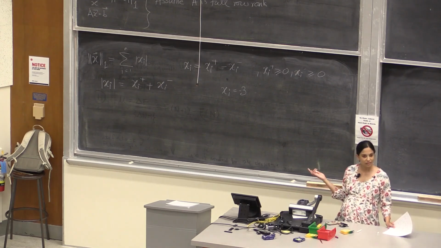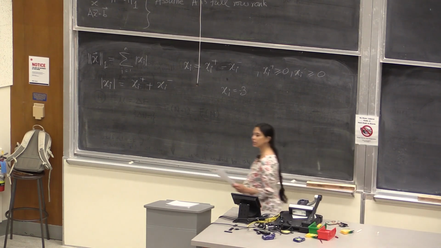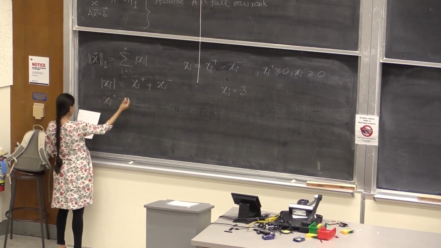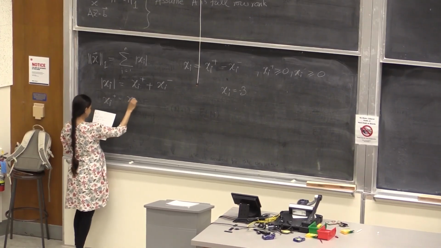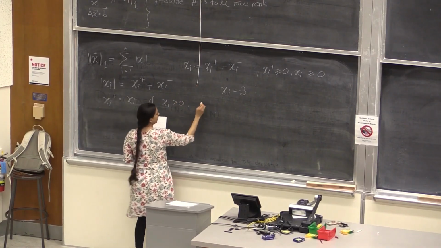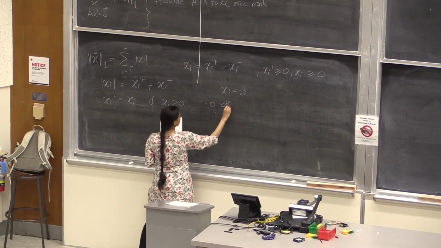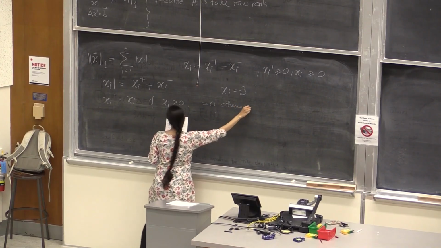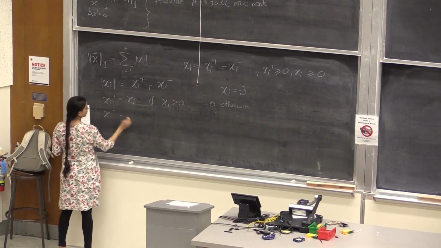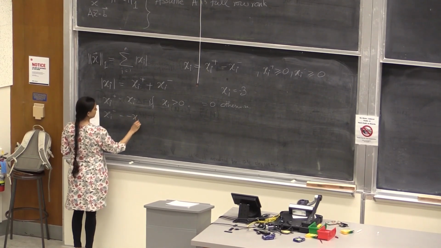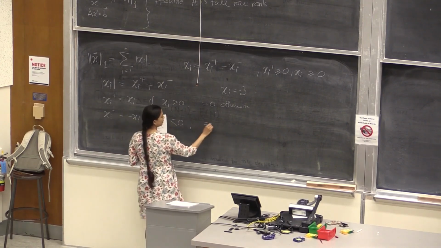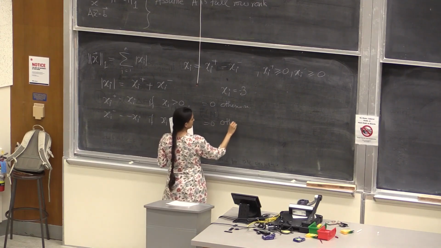So it turns out that we can actually pretty easily satisfy this condition. I have xi plus equal to xi if xi is greater than 0 and equal to 0 otherwise, and xi minus is equal to minus xi if xi is less than 0 and is equal to 0 otherwise.